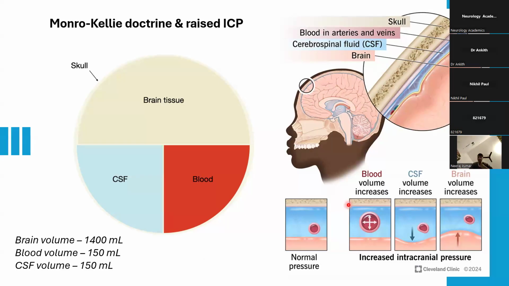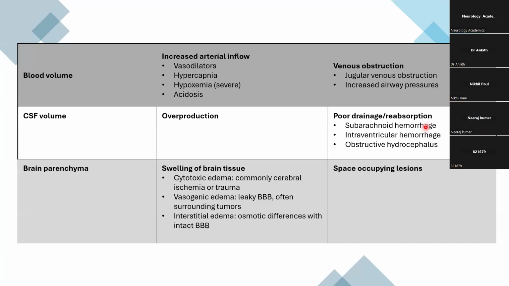So suppose there is an increase in the blood volume or an increase in CSF volume or an increase in the brain volume. Any of these can lead to an increase in the ICP. So we will look into the different causes based on the same approach. Increased blood volume means either an increased arterial inflow or a decreased venous outflow. An increased CSF volume can be due to overproduction of CSF or a poor reabsorption of CSF.